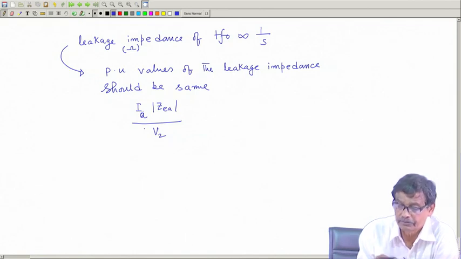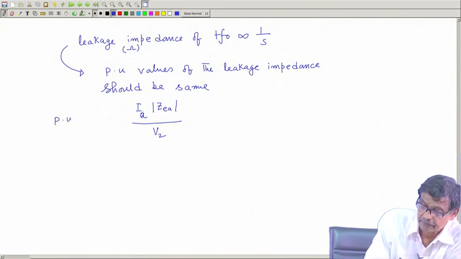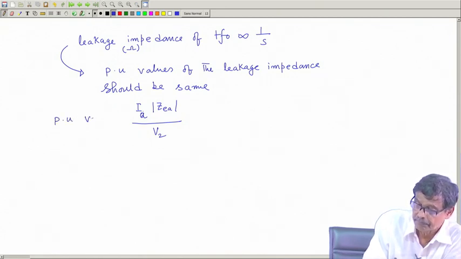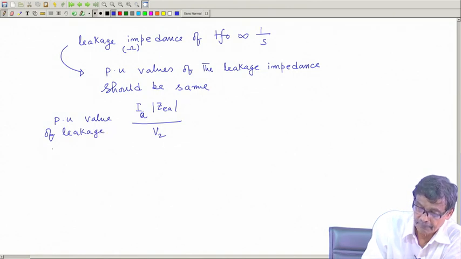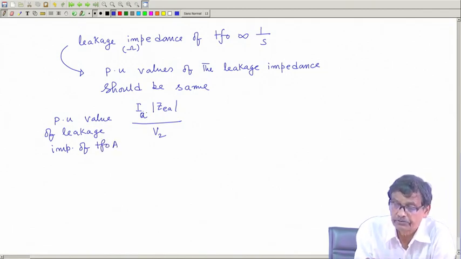We are talking about the other side. This is the per unit value of leakage impedance of transformer A. This is the thing, all referred to the secondary side.